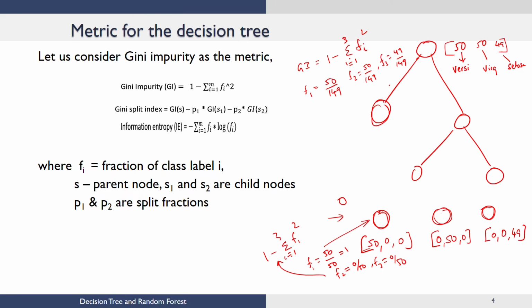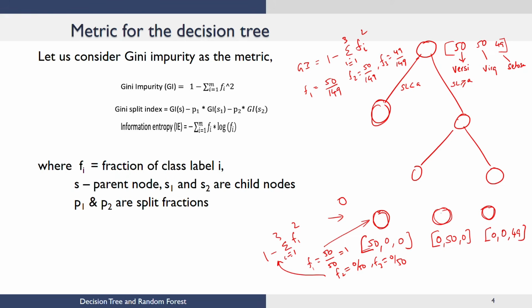Supposing I say I am going to pick one feature, in this case sepal length, and I say if sepal length is less than some value a, go here, and if it is greater than or equal to some value a, go here. That is a decision I can make. Why I should choose only sepal length and not sepal width, petal length, petal width and so on, are questions that we are going to answer, but just to explain this whole process, I am explaining it this way.